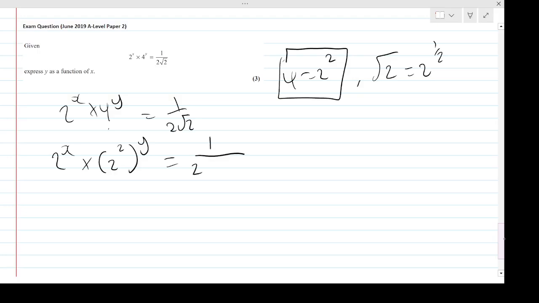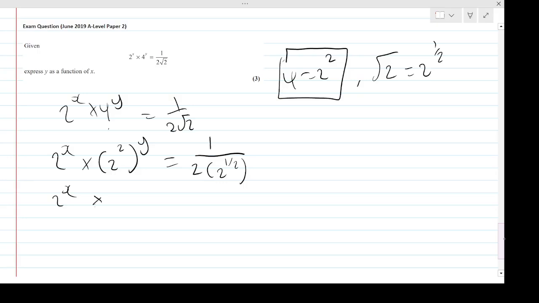But then root 2 is going to be 2 to the half, right? And we can substitute that in as well, and then I can simplify from there. So notice I've got everything in terms of 2 now, but I just need to work a bit more to simplify this whole expression.